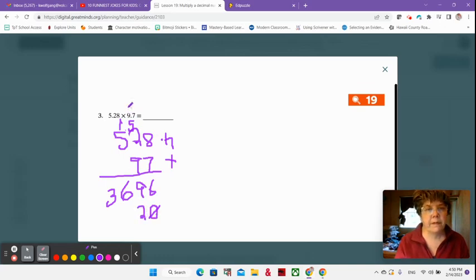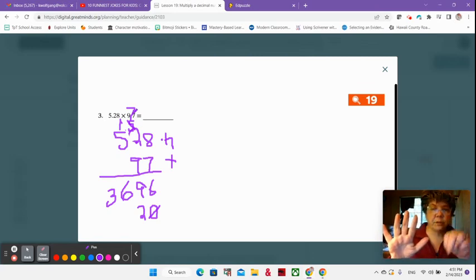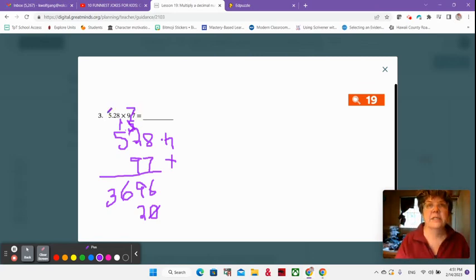I'm going to put my 7 up here. Okay, cross out my 5 since I already used it. 9 times 2 is 18 plus 7. I'm going to break that 7 into 5 and 2. Okay, so 18 plus 2 is 20, plus 5 more is 25. And 9 times 5 is 45, plus 2 is 47.